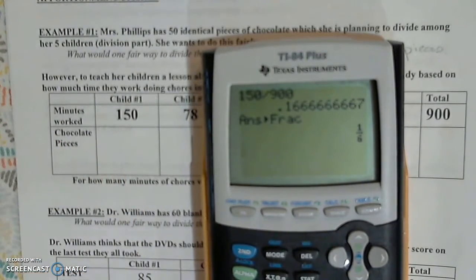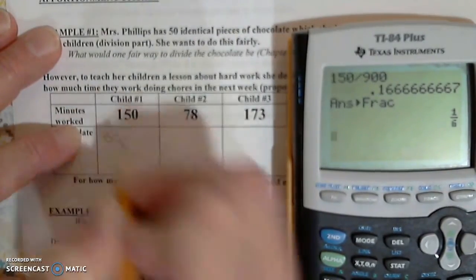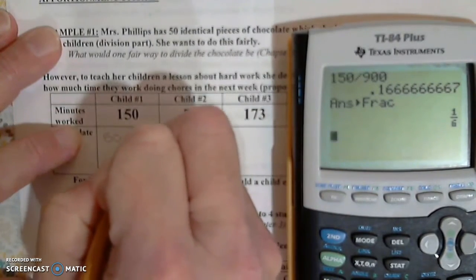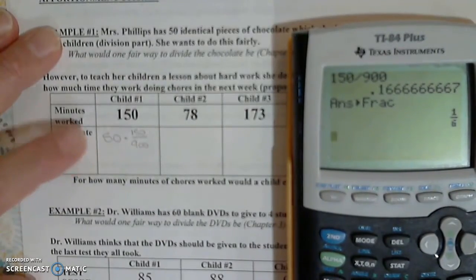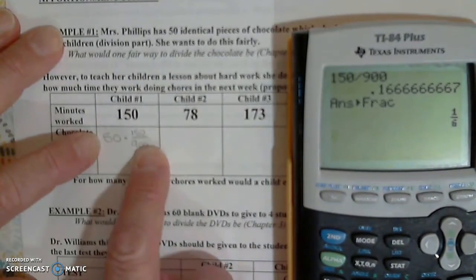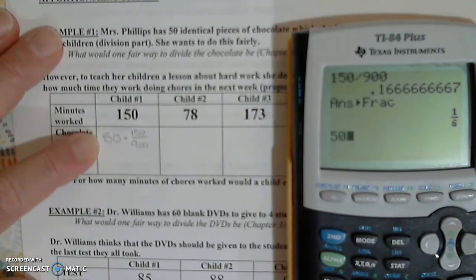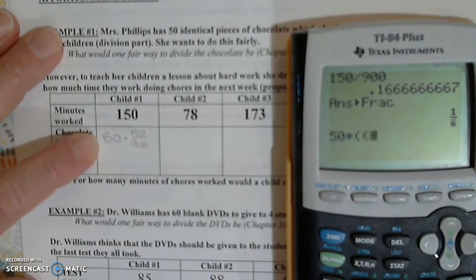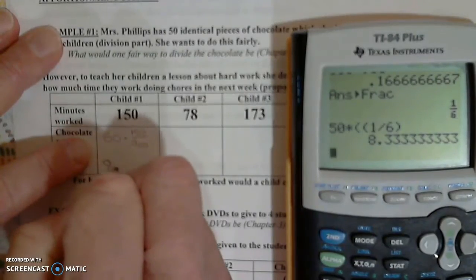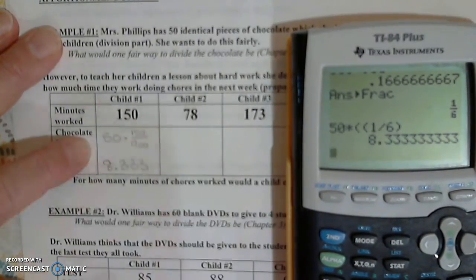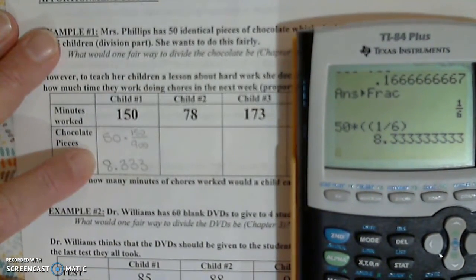So that child should get, of the 50 pieces of candy, 1/6 of the chocolates. Now I'm writing it like this so you can see where I got those numbers from. So what is 50 times that 1/6? Well, they should get 8.333 pieces of chocolate.